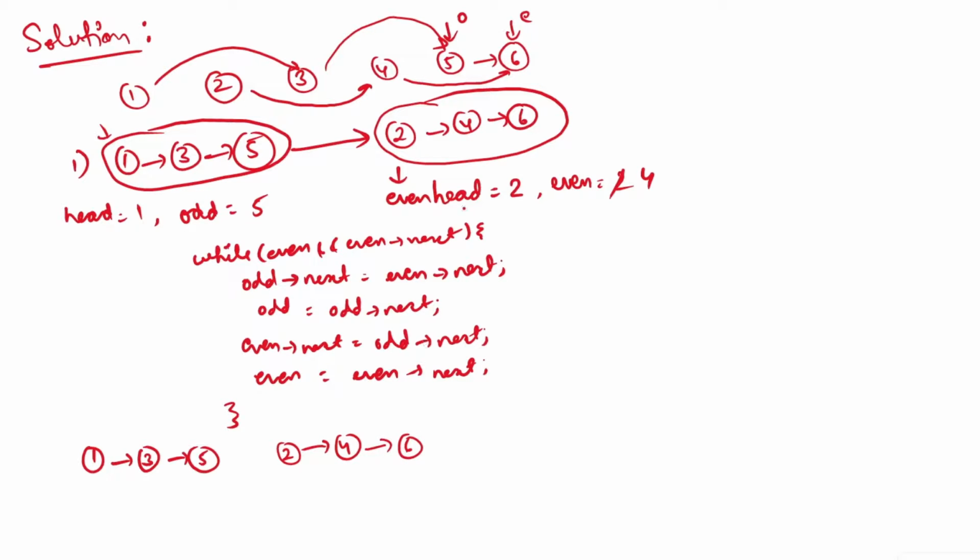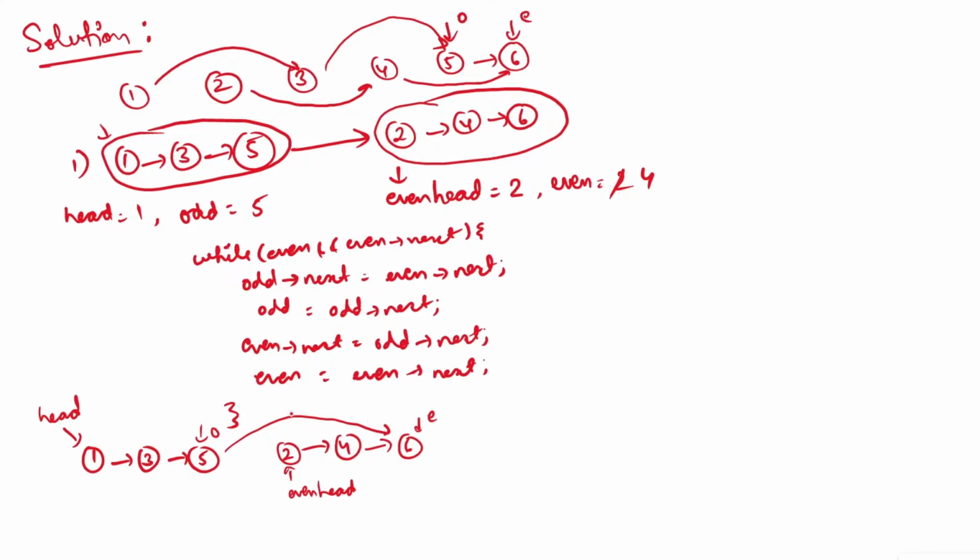And right now my even head, which is pointing to 2, and my even is pointing to here. My head is pointing to here, and my odd is pointing to here. And if you see, this odd is also pointing to this.